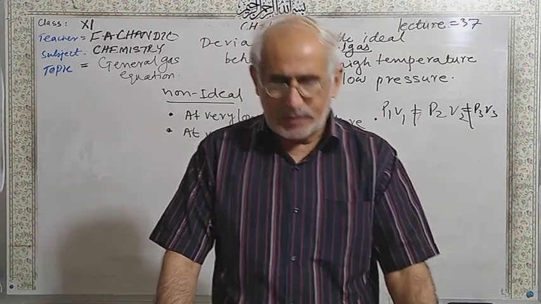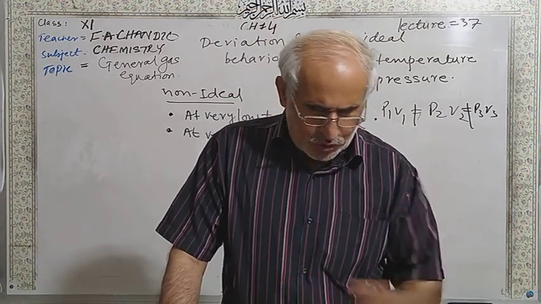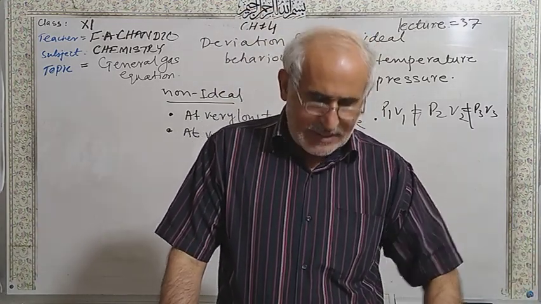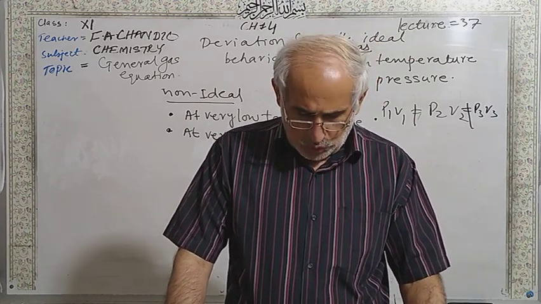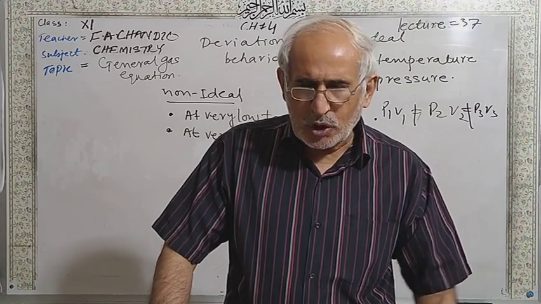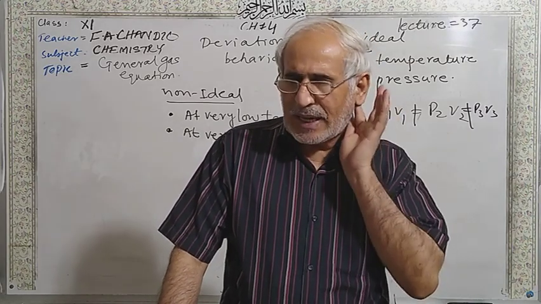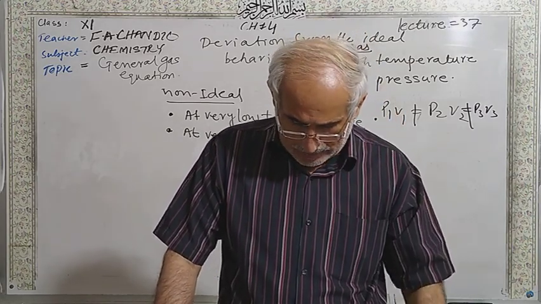If we change it to cubic centimeters, because both units should be equal, it is 32 cubic centimeters against 22,400 cubic centimeters, which is very high, so this is negligible.